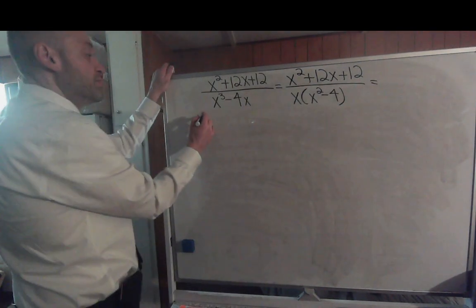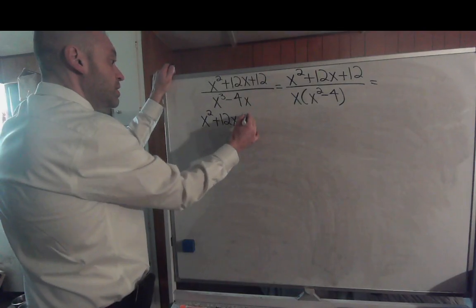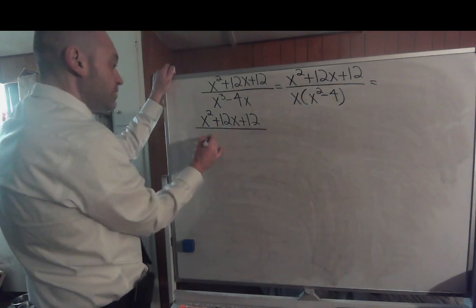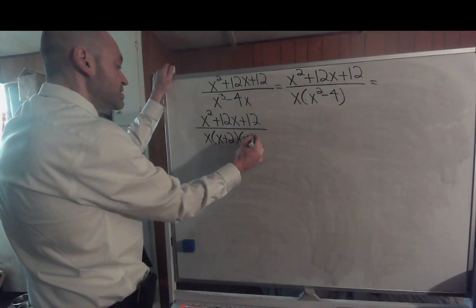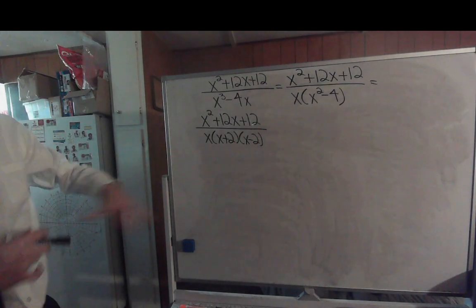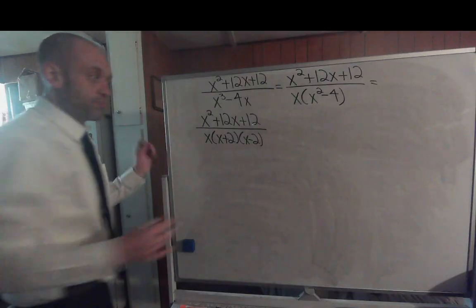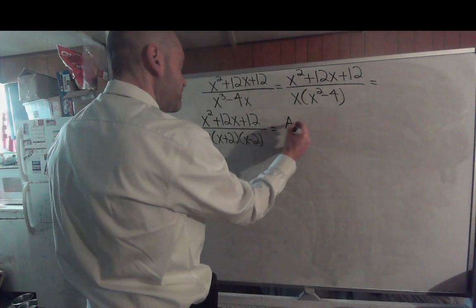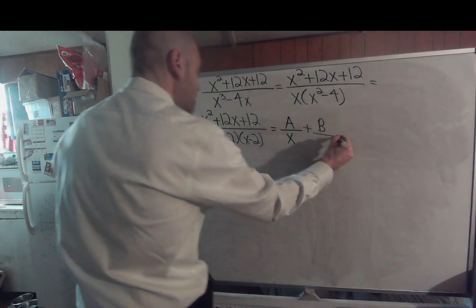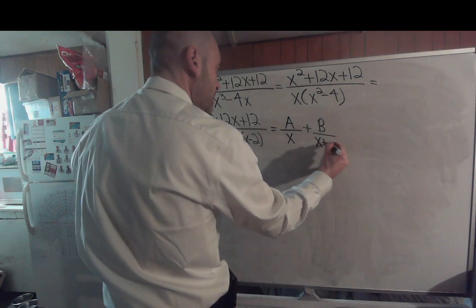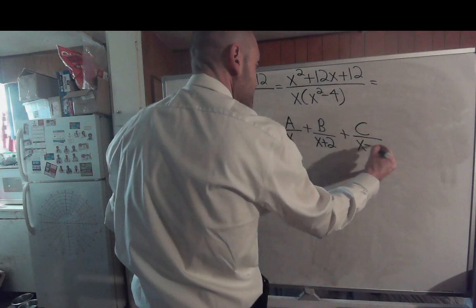So what you'll really have then is x squared plus 12x plus 12 all over x times x plus 2 times x minus 2. So in the denominator, you have 3 non-repeated linear factors. That can be broken down into A over x plus B over x plus 2 plus C over x minus 2.